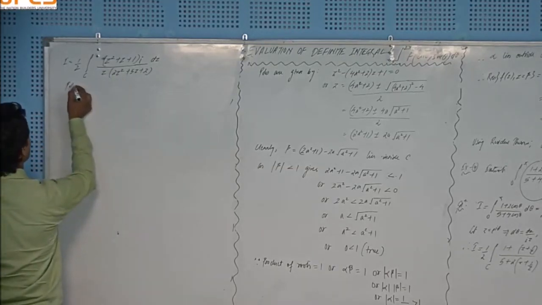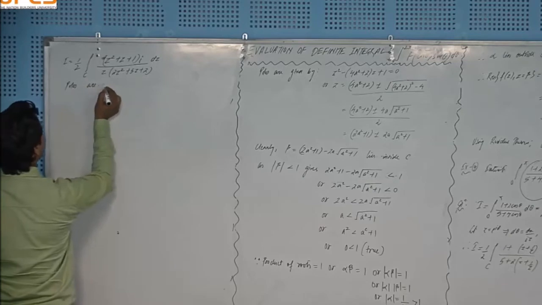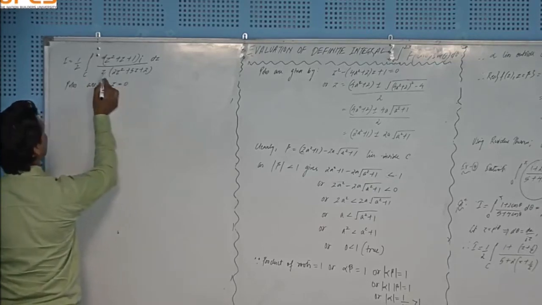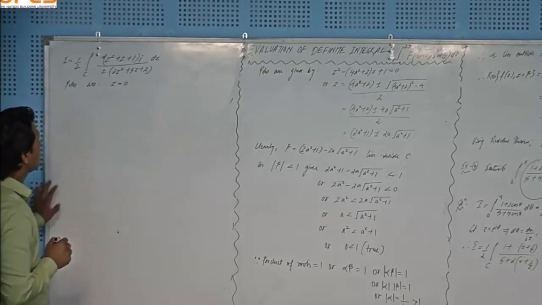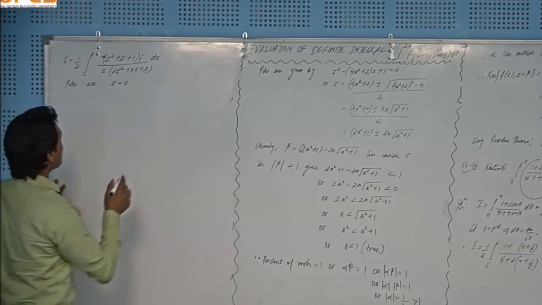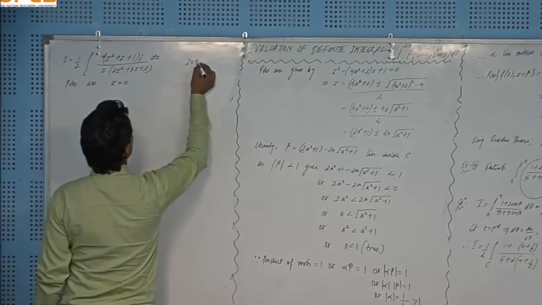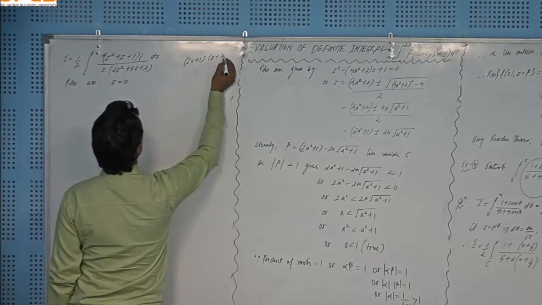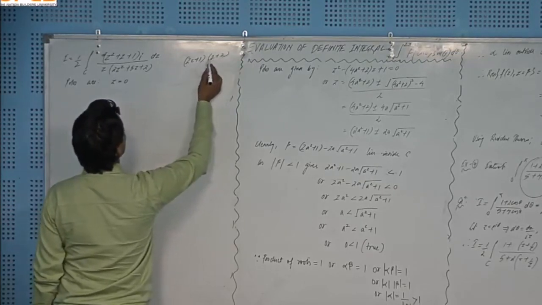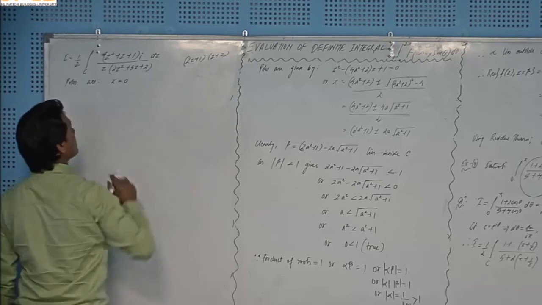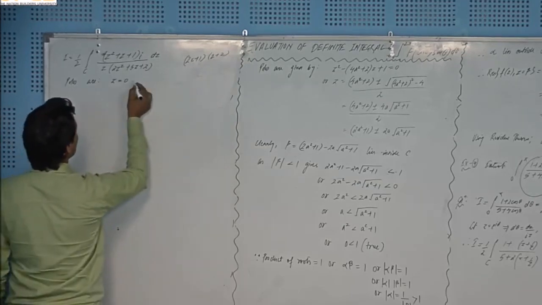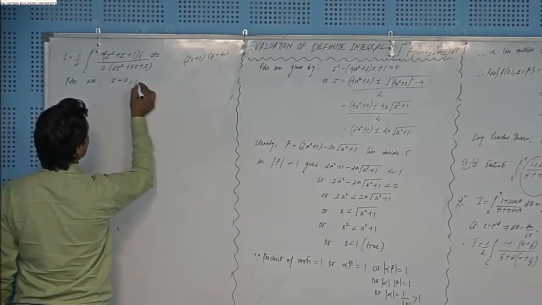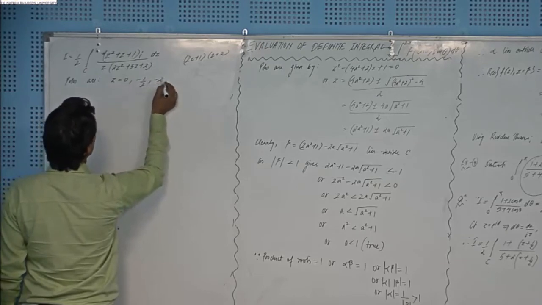You can see that poles will be given by equating the denominator to 0, and poles are, I'm writing the poles directly, z equal to 0, that will be obtained from this one, and I think the factorization will be (2z plus 1) and (z plus 2), 2z square plus z 4z, I think that is correct. Okay, so that will give you 0 and minus half and minus 2, right?